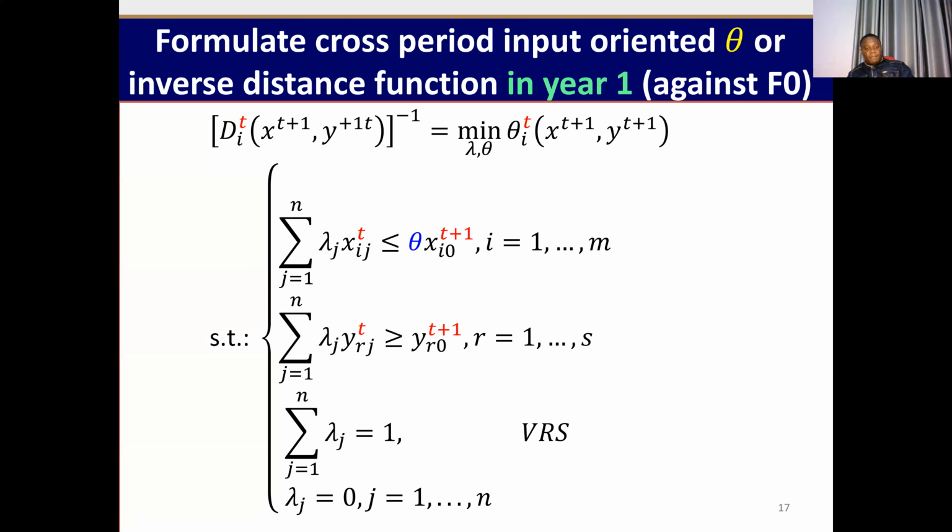So in formulating it, we will say D is 0. No, the DMU is in year 1. Yeah, the DMU is in year 1, and the frontier is in year 0.